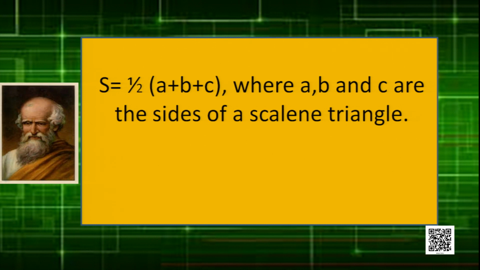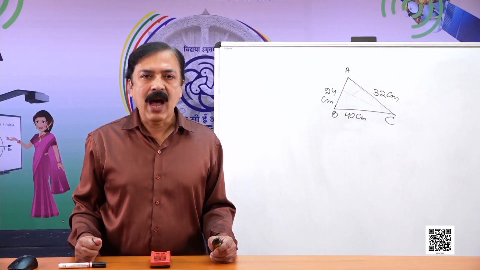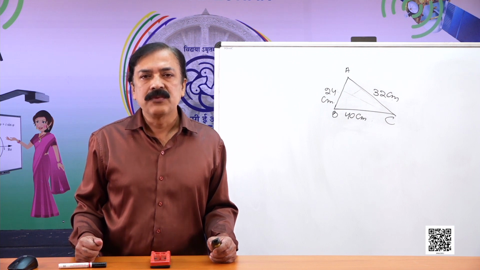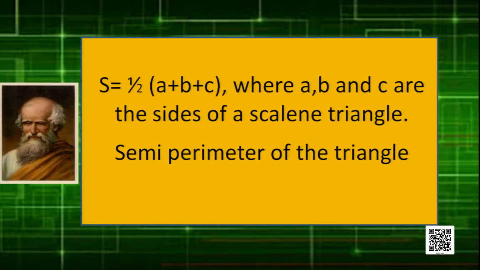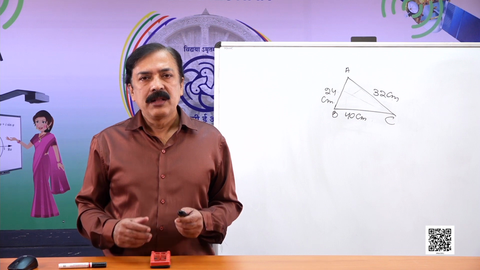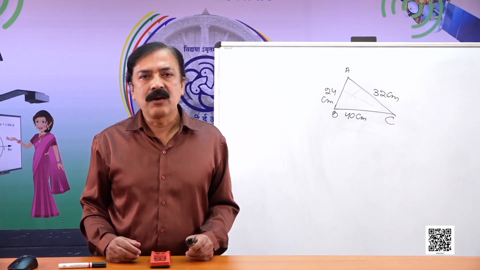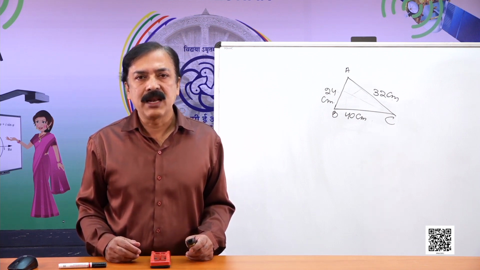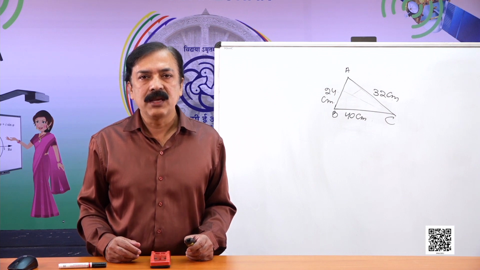What is a plus b plus c? That means length of the 3 sides of a triangle. What is it called? It is called perimeter. So, half of the perimeter, we say that it is the semi-perimeter of a triangle. So, the formula is square root of s into s minus a into s minus b into s minus c.